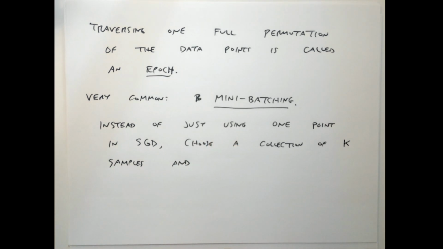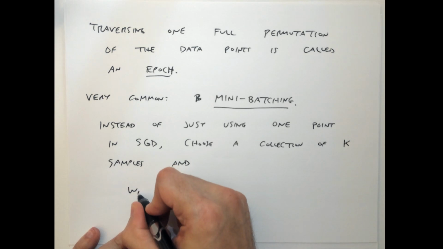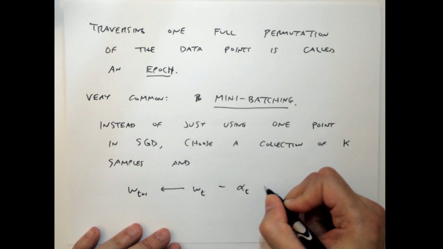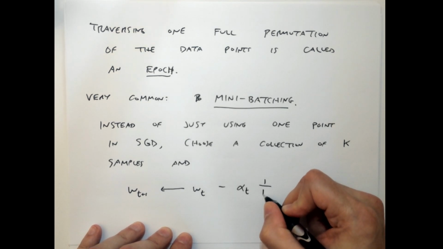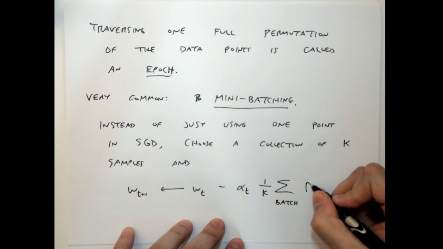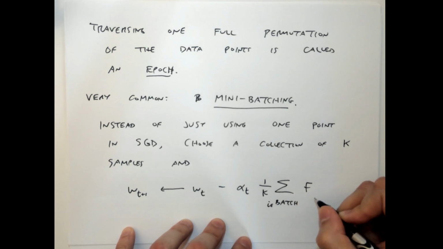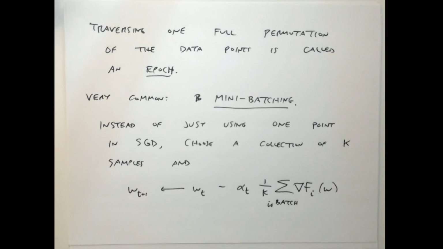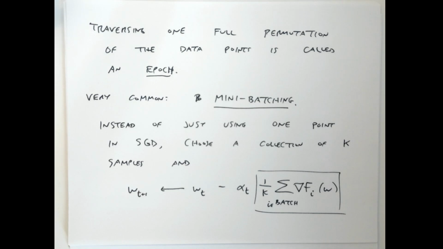And then my update is basically saying I take the step size in the direction of the average of these k gradients. Right, so it's like saying that this number here is standing in for, again, not the full gradient, but instead of taking 1 point, maybe I take 10 points or 100 points. Depends on how big my data set is.